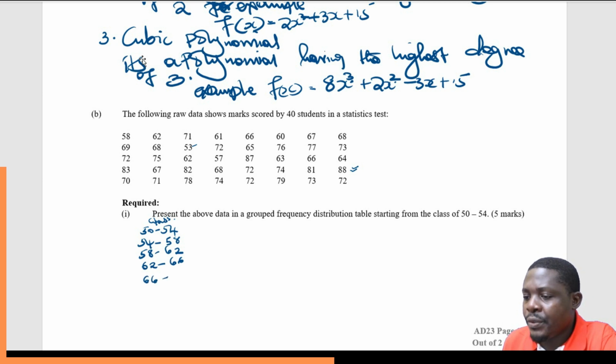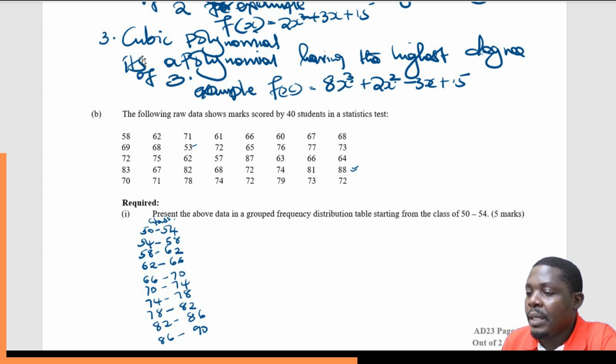66 to 70, 70 to 74, 74 to 78, 78 to 82, 82 to 86, 86 to 90.